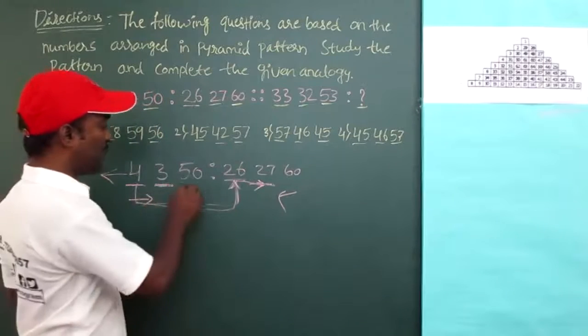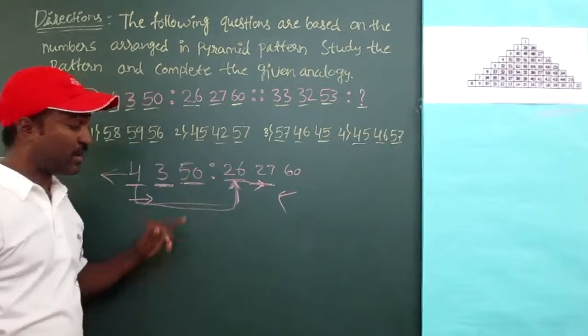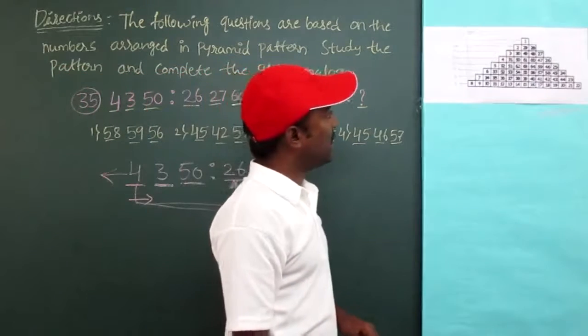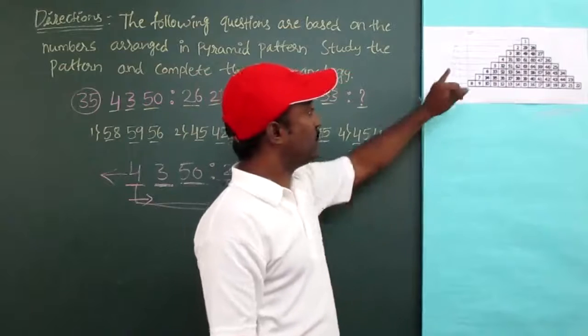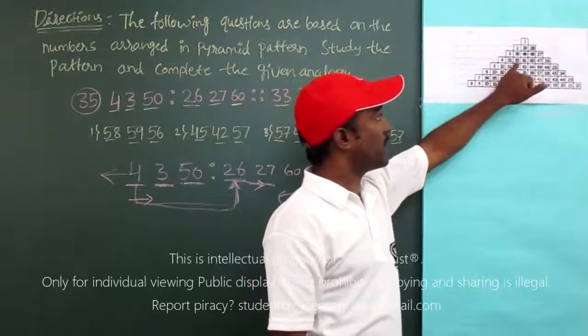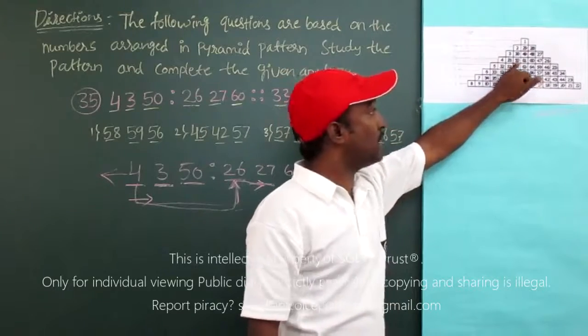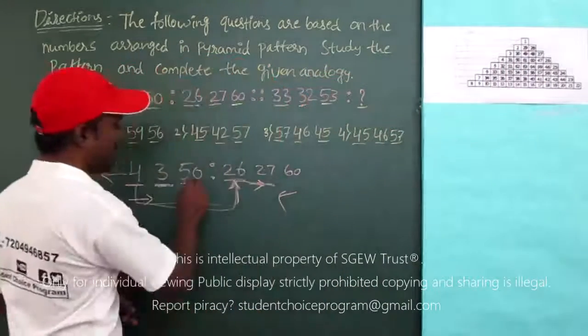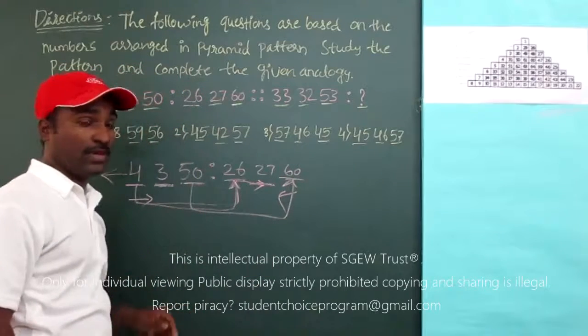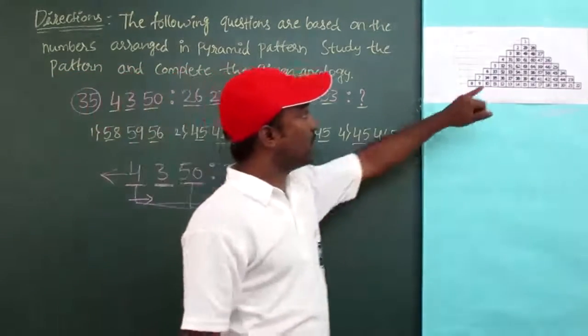Now moving to the next number, 50. Locate this 50 in the pyramid. 50 is at row number 5, and 50 is modified as 60. The 60 is located in the same row.